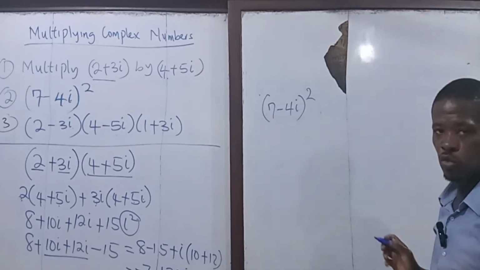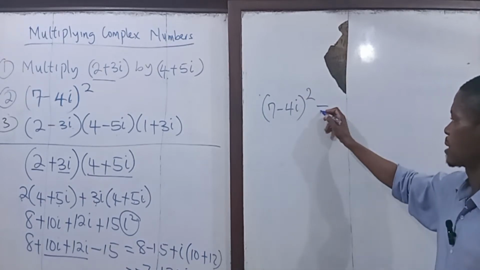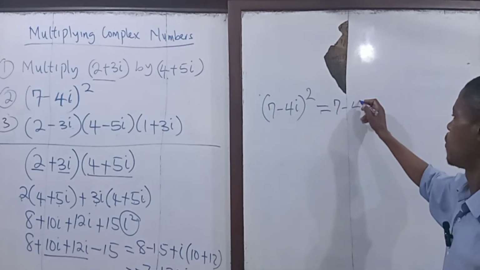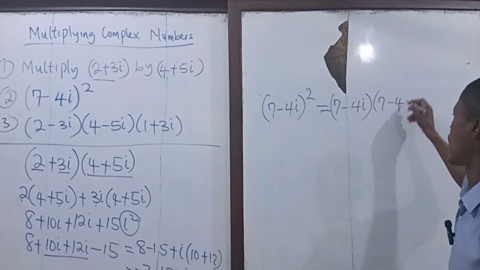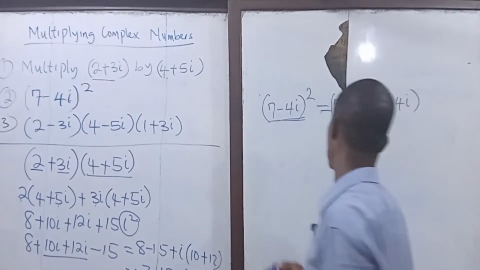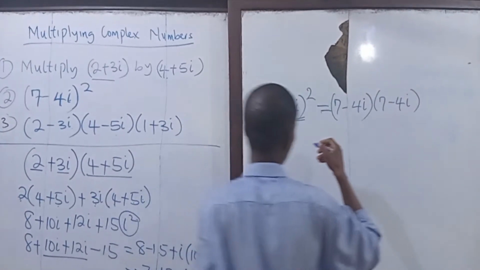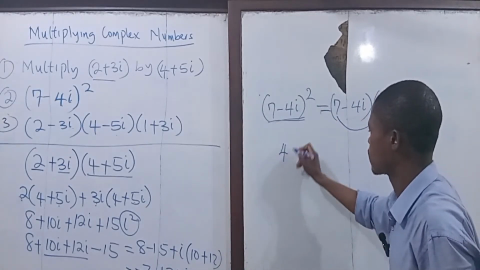I can do it in two ways. I will start from the rudiments. This implies (7 minus 4i) times (7 minus 4i). That is the meaning of this expression. That will be equal to this one times this one, that's 49.